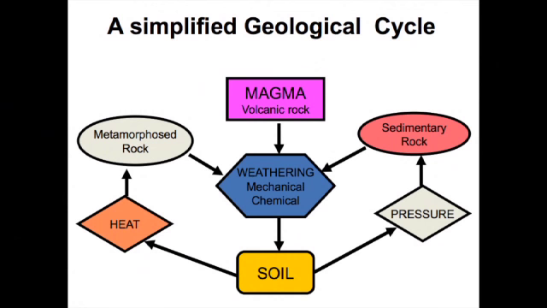The general idea of the breakdown is illustrated by this sketch. You've got the magma, which breaks down through weathering and decomposition into soil. Now, that soil can be reheated, which then forms metamorphosed rock, or under pressure it forms sedimentary rock.